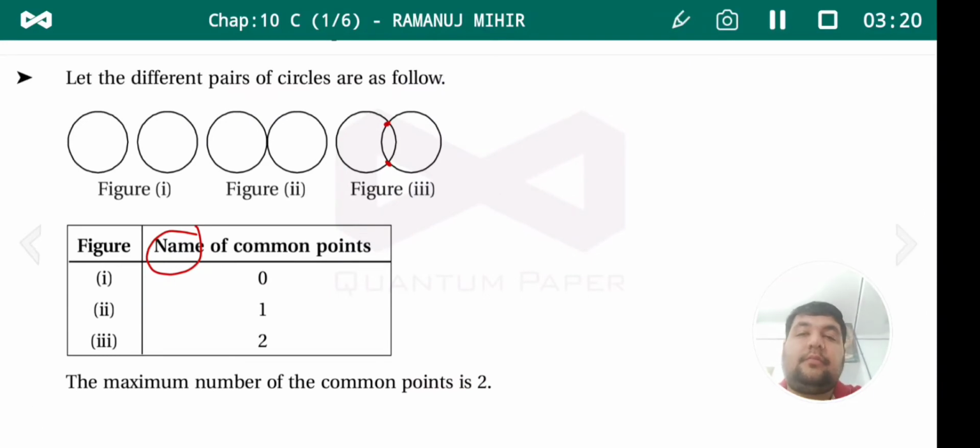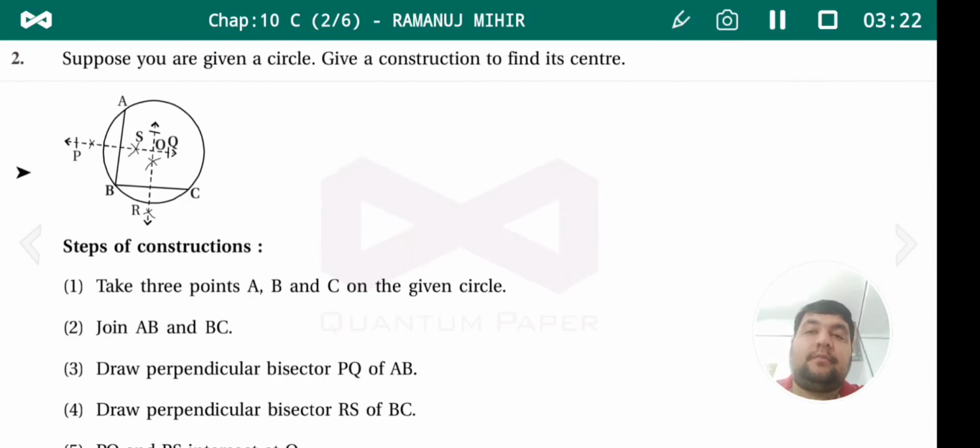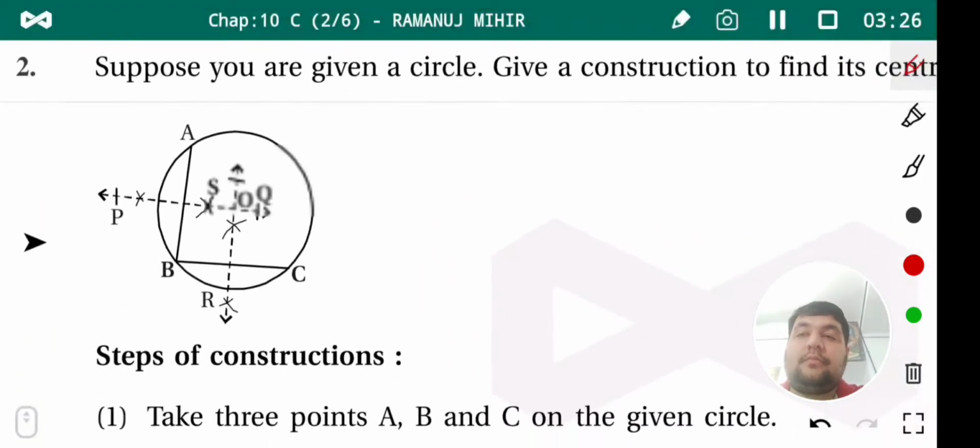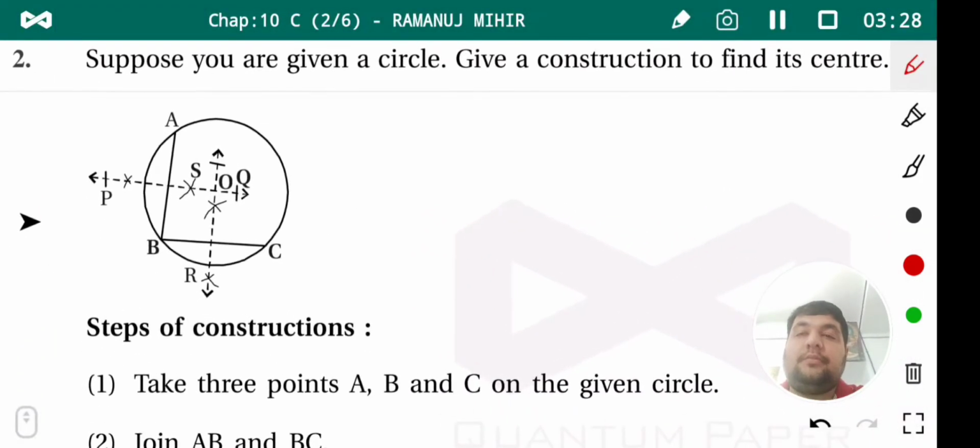Now the next question: suppose you are given a circle, give a construction to find its center.